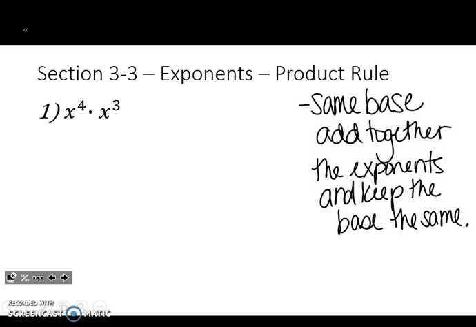Now, just like when we combined like terms in our equations unit, the only thing we can put together is if they have the same base. Basically, if they're like terms.